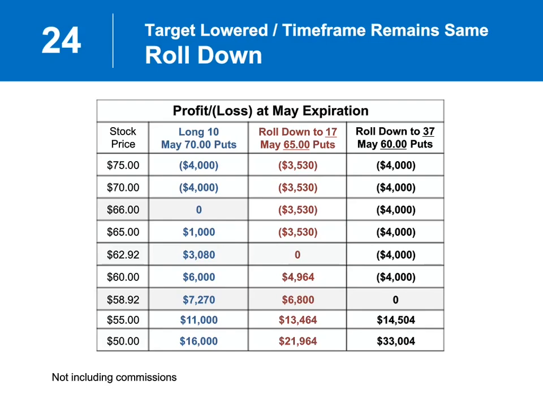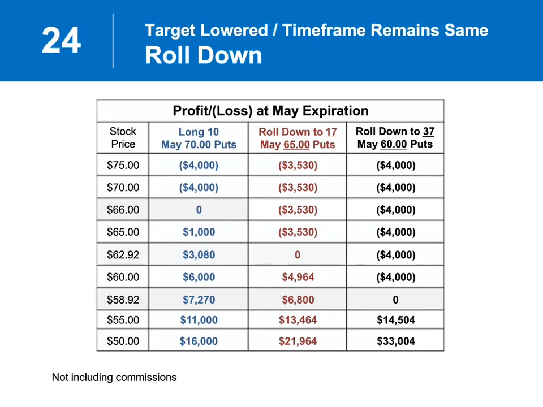In scenario 5, the forecast was right and the stock went to 60. Not sure where this particular listener's underlying is, but let's say the stock has gone down but isn't at 60, maybe it's in the 65 range.